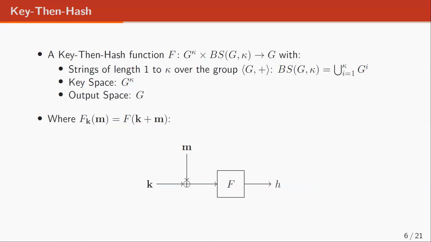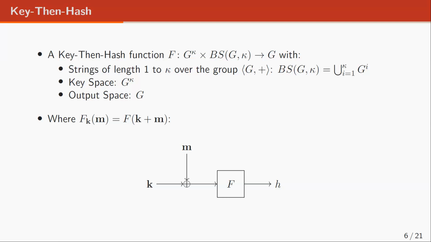So you can imagine G is like strings of length n bits. And the way we treat the key is by doing addition. So we take our message and we add the key to it, and then we apply the function.